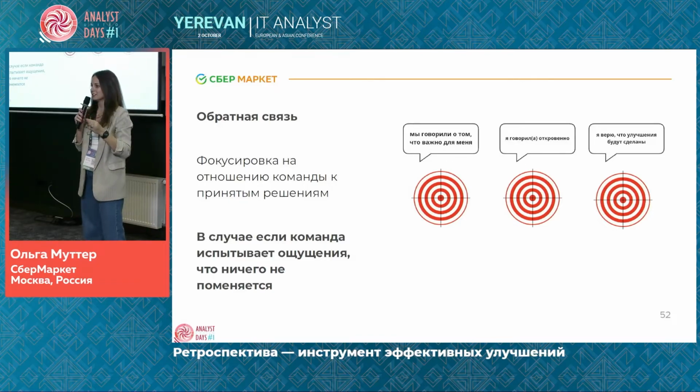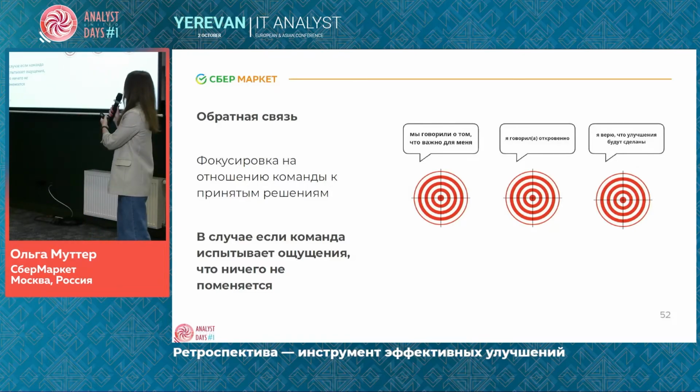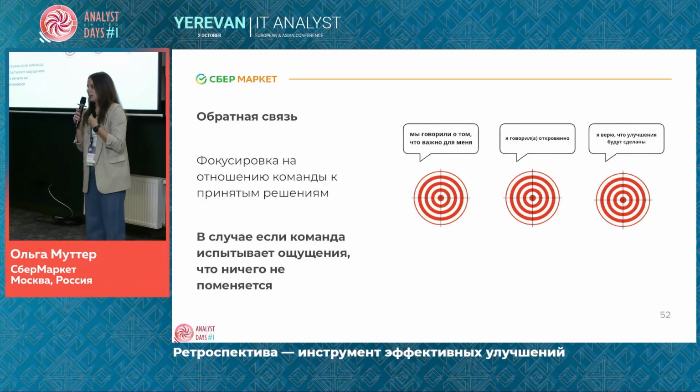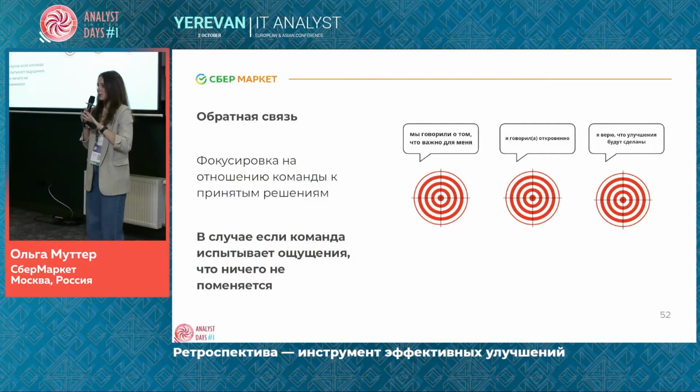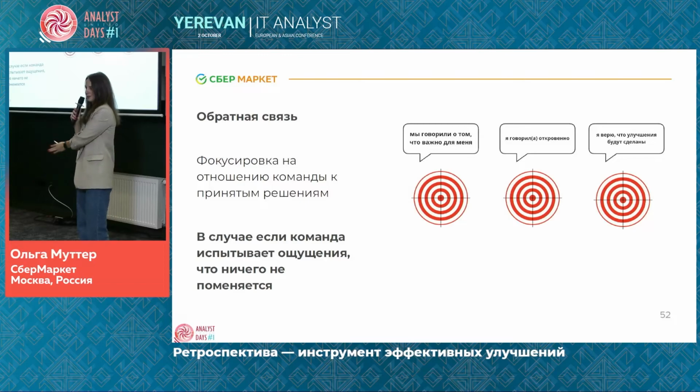In the middle, you hit the aim. You can change questions and ask different questions. For example, we were talking about what is important. If you have a team of developers and one analyst, developers are talking technical stuff all the time.